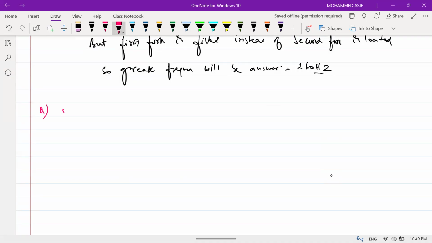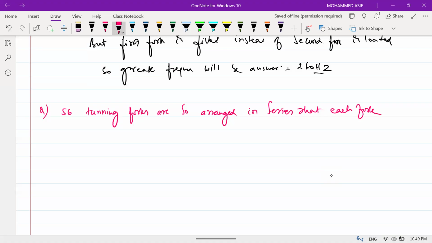See this question. 56 tuning forks are so arranged in series that each fork gives 4 beats per second with the previous one.